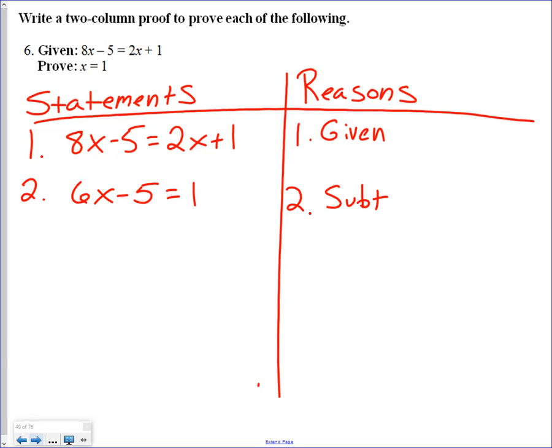The subtraction property of equality says that we are allowed in any equation to subtract the same thing from both sides, and we subtracted 2x from both sides.